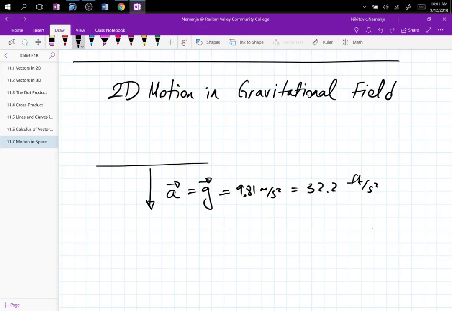And we put negative. Yes? Isn't it supposed to be 9.80 meters per second squared? 9.81, but actually there is a range. Okay.